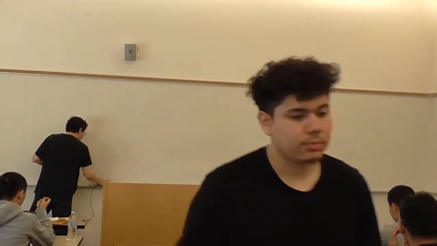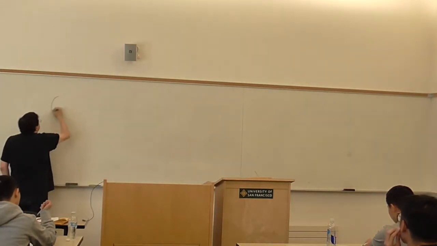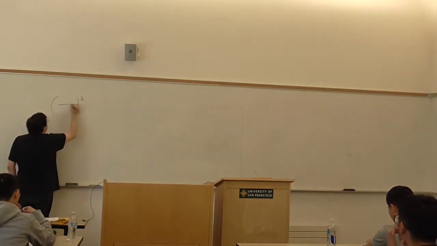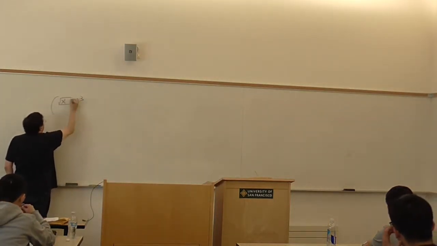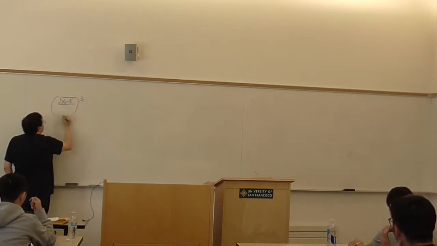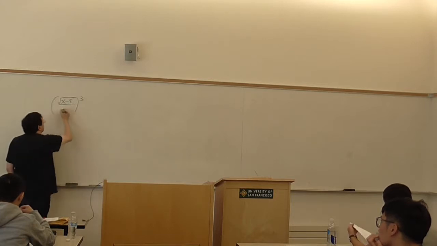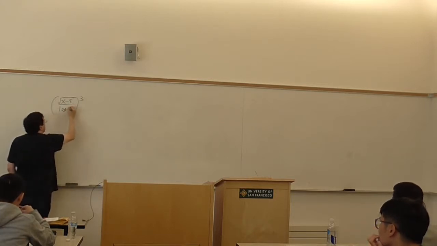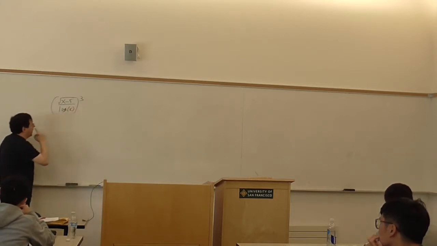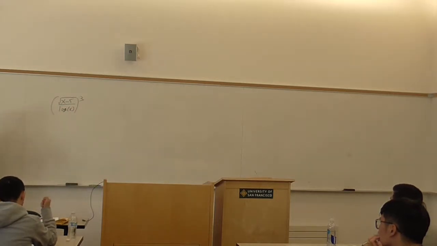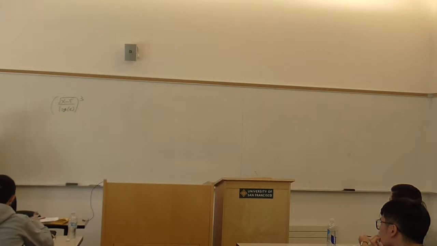But sometimes you have a complicated expression like x cubed over square root of x minus 5 over log of x, something like that. And just dealing with it in this form, sometimes it's difficult.